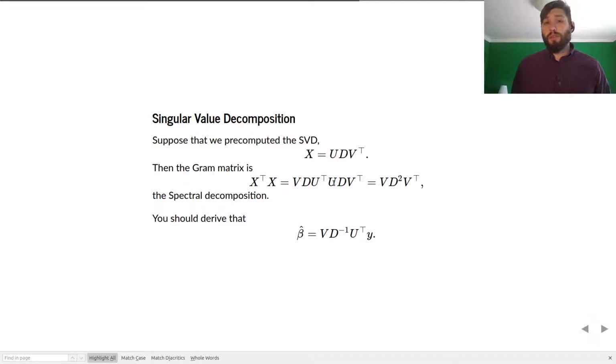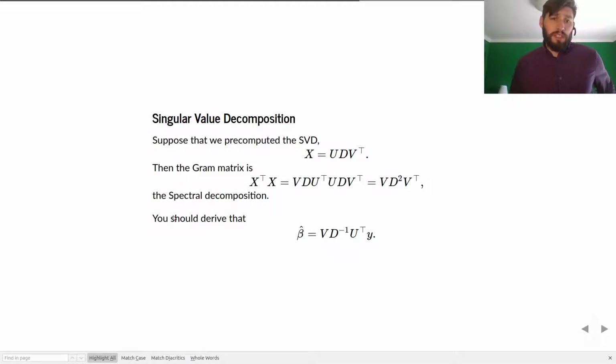Now, because of the orthonormality of U, U transpose U is the identity, and we just get V times D squared times V transpose. This is called the spectral decomposition. It turns out that this is a regular matrix, so it has a spectral decomposition, and its eigenvalues are these D squareds.